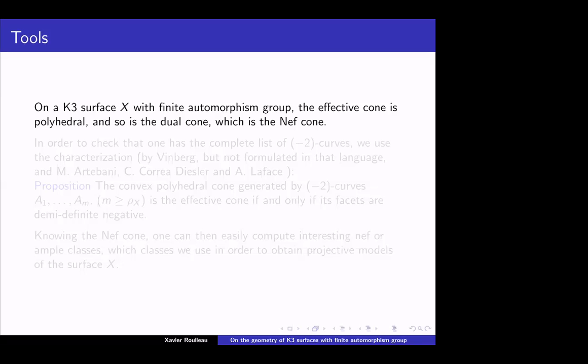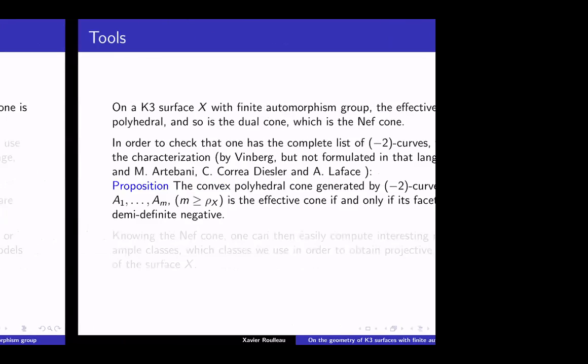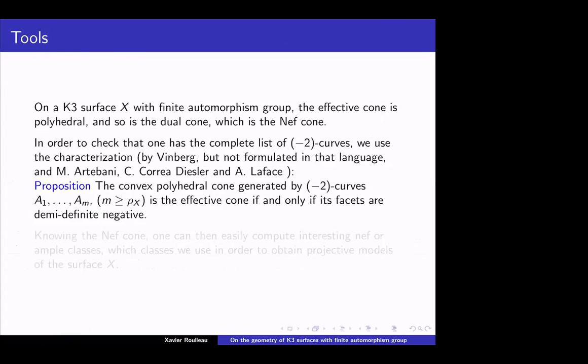This is the nef cone. Using Vinberg's results, you get -2 curves, but in order to control that you have all -2 curves, you have to use the characterization by Vinberg, and also Artebani, Correa, Dießler, and Laface.